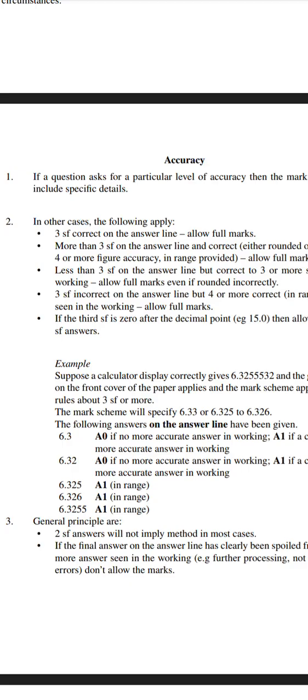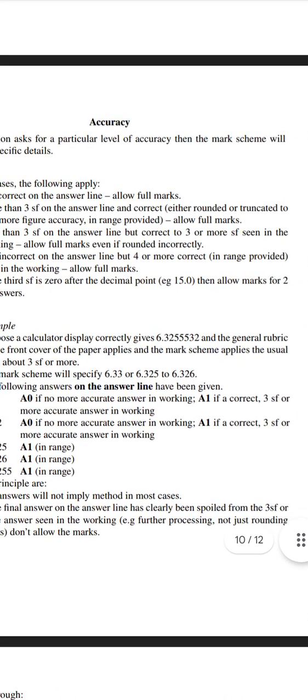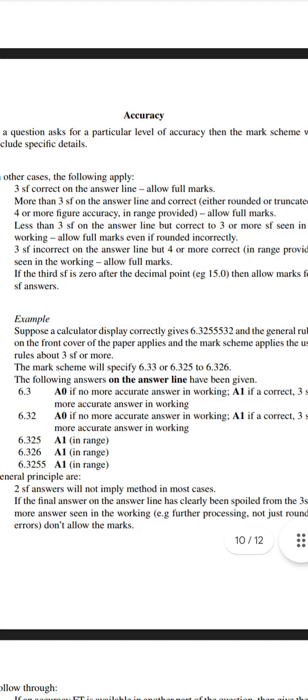If the third SF is 0 after the decimal point, then allow marks for 2 SF answers. Meaning that if you round the third SF and it still is 0, then the marking scheme can ignore that 0 as well.